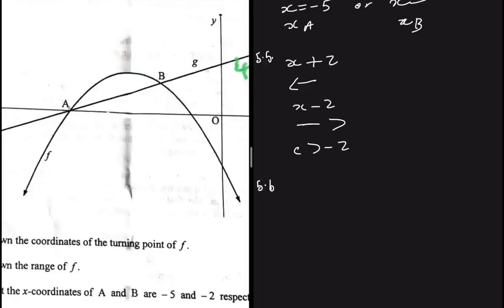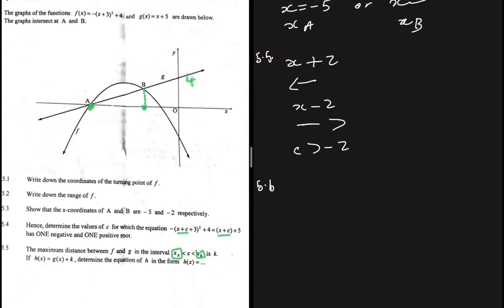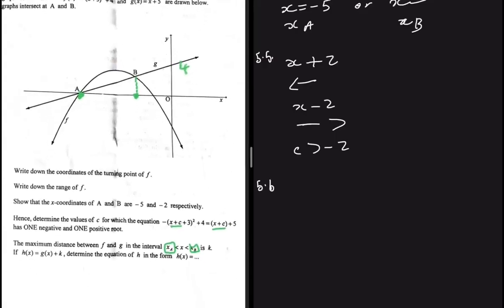So this is the interval we're interested in. This is the interval we are interested in, right? So the question is saying the maximum distance between f and g in that interval is k, the maximum distance. If h of x is equal to g of x plus k, determine the equation of h in the form h is equal to. So we already have g of x, right?